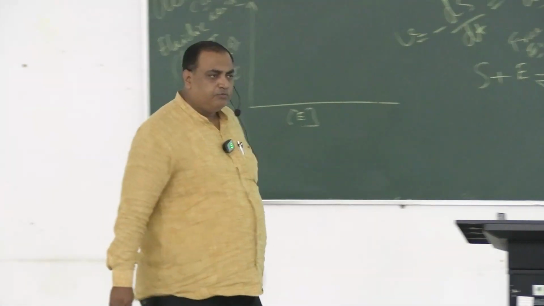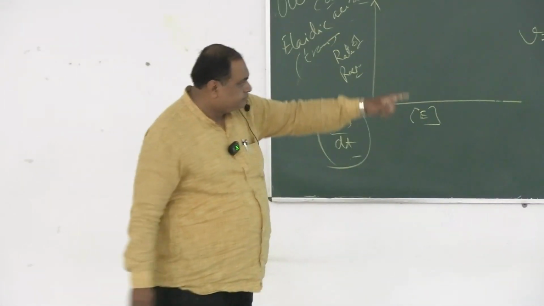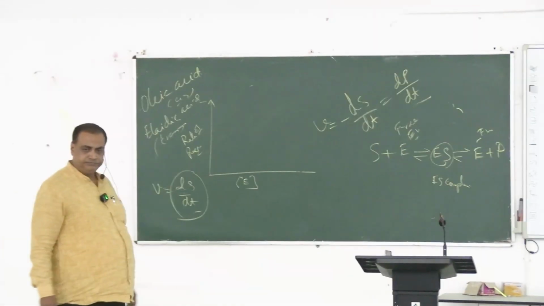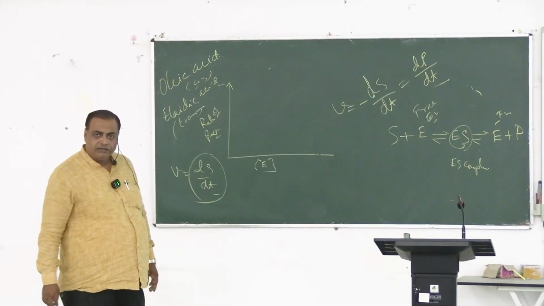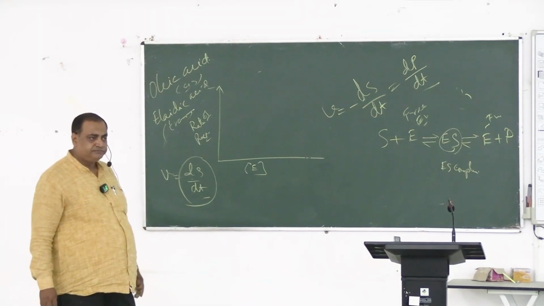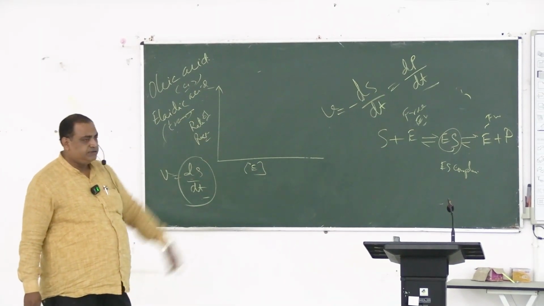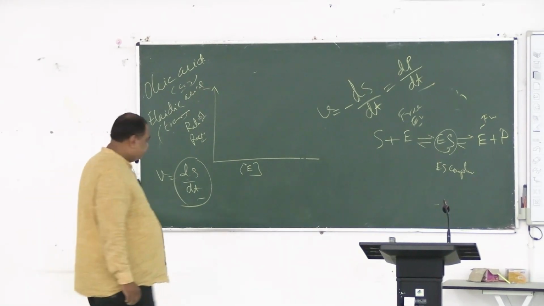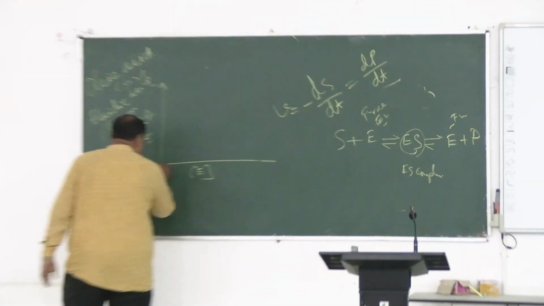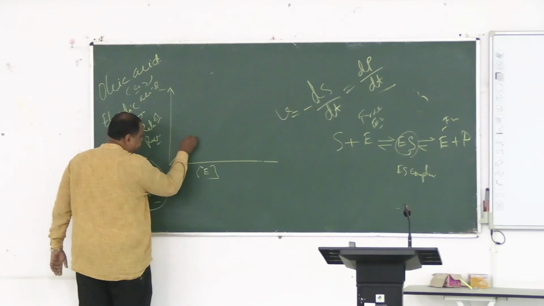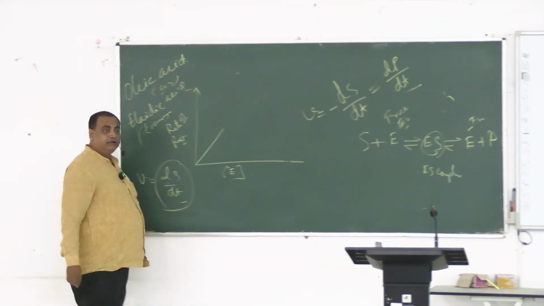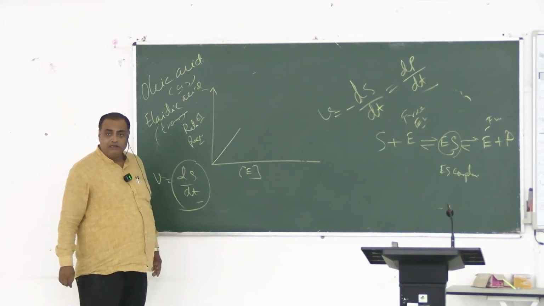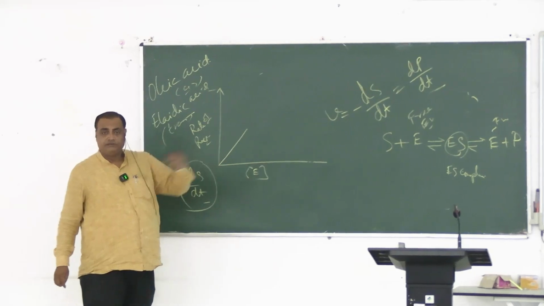Right? So more enzymes, higher the rate. Up to what? What is fixed in this graph? The substrate. So the graph will continue to go like this until the substrate gets exhausted.